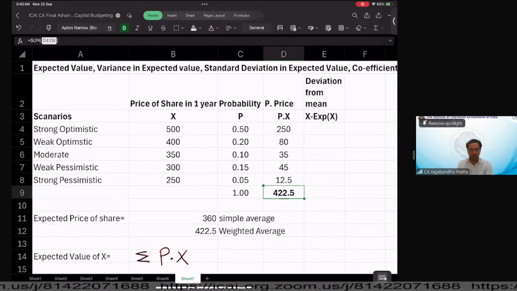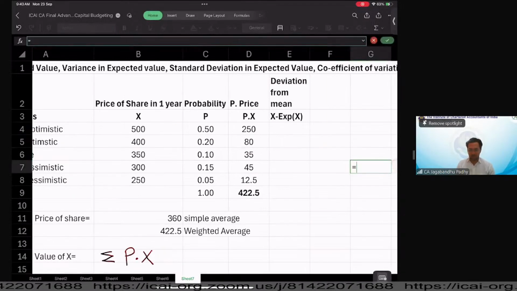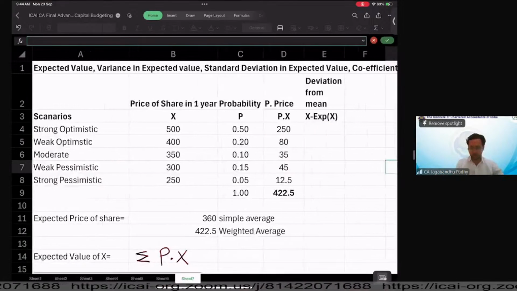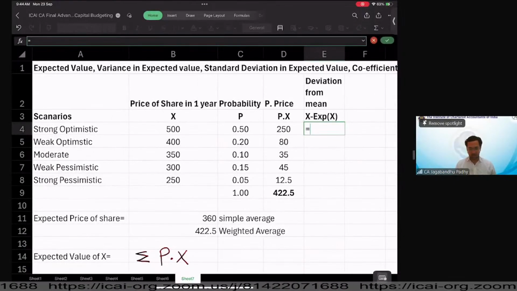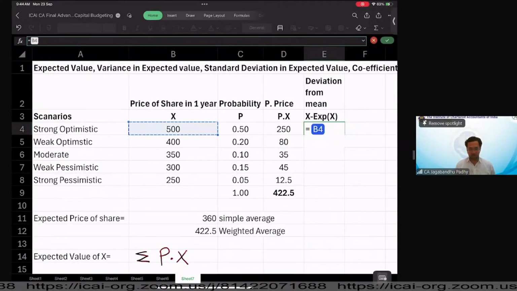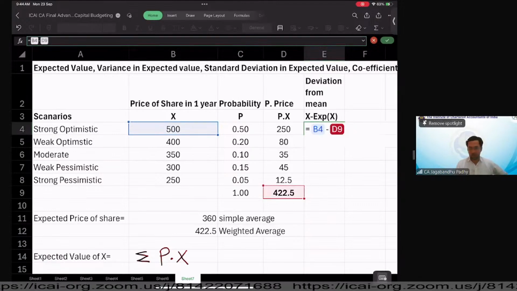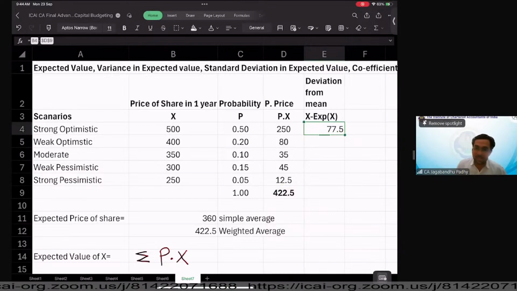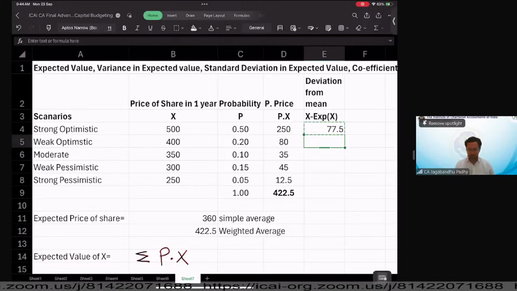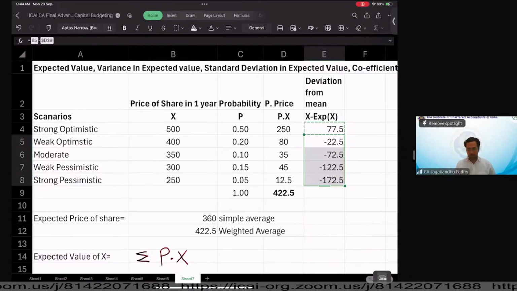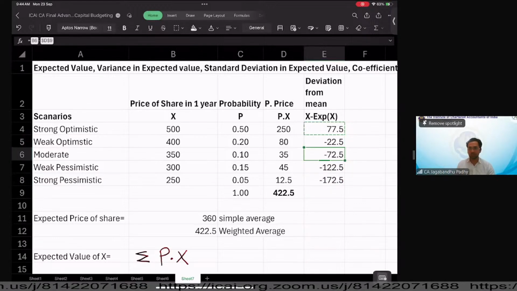By how many units is this price deviating from the mean? It is 500 minus 422.5, so the deviation is 77.5.